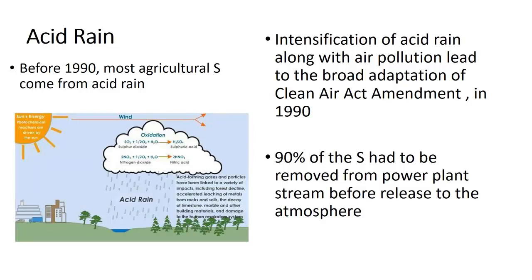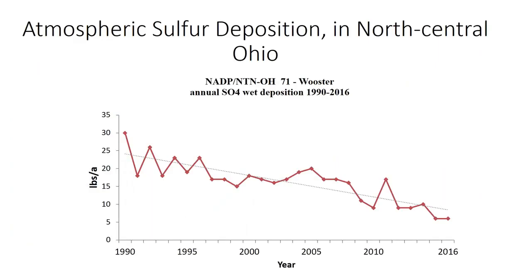Now power plants are removing almost 90% of the sulfur. As a consequence, the atmospheric sulfur deposition is reducing, and this is data from the area of Wayne County, where we're seeing almost an 80% reduction in atmospheric sulfur deposition.